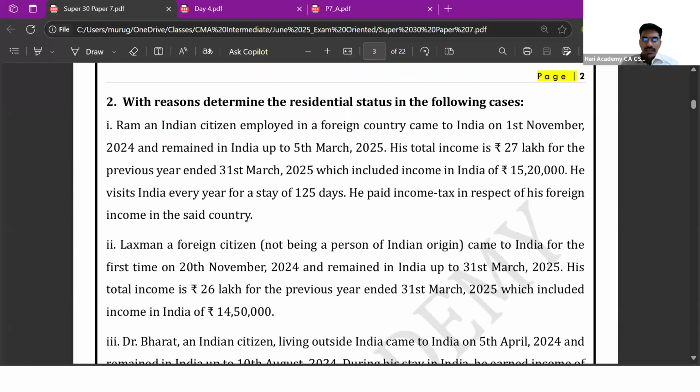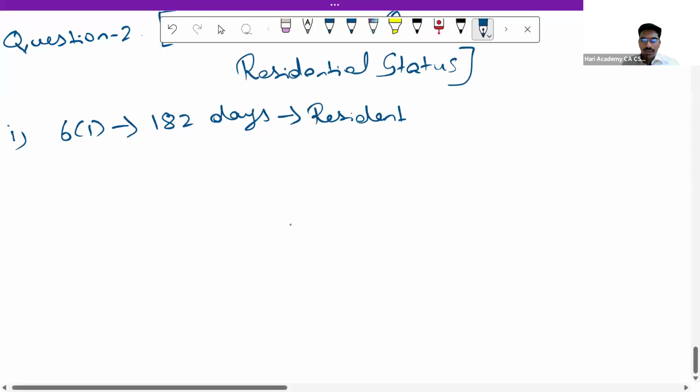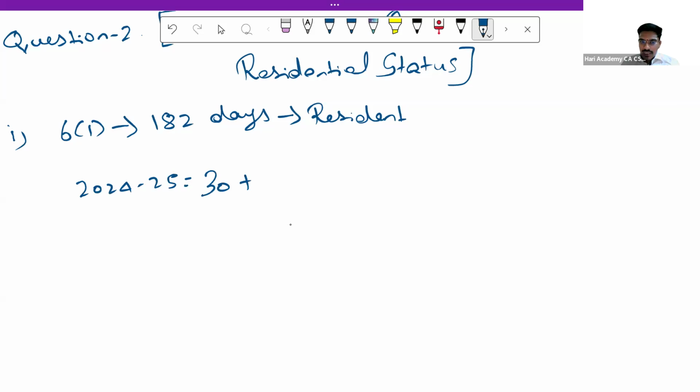If you see from 1st November till 5th March 2025, in the year 2024-25, in November he has stayed for 30 days, December 31 days, January 31, February 28, and March 5 days.